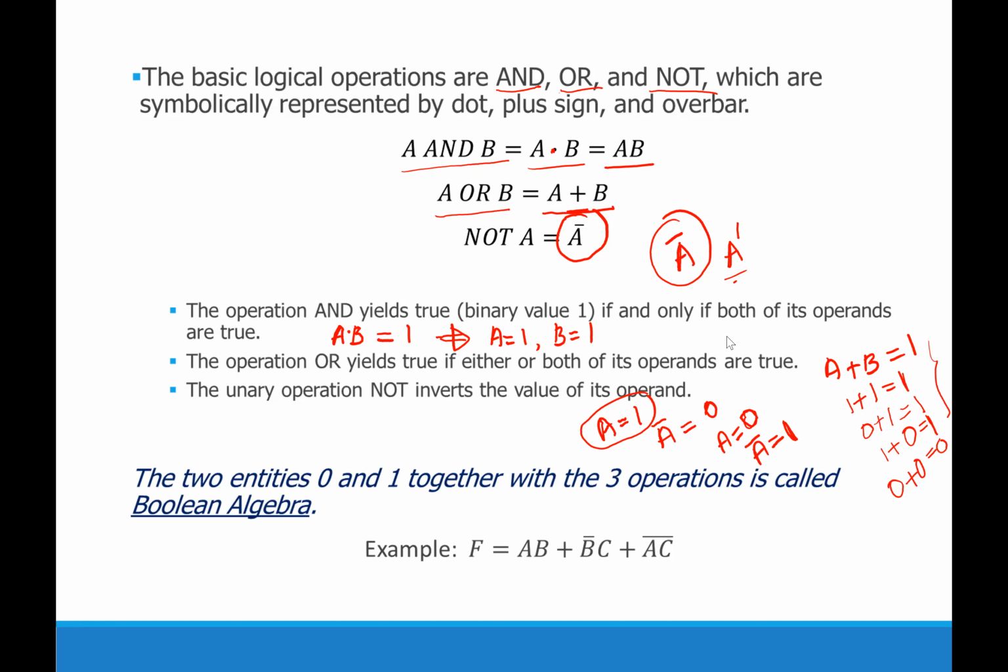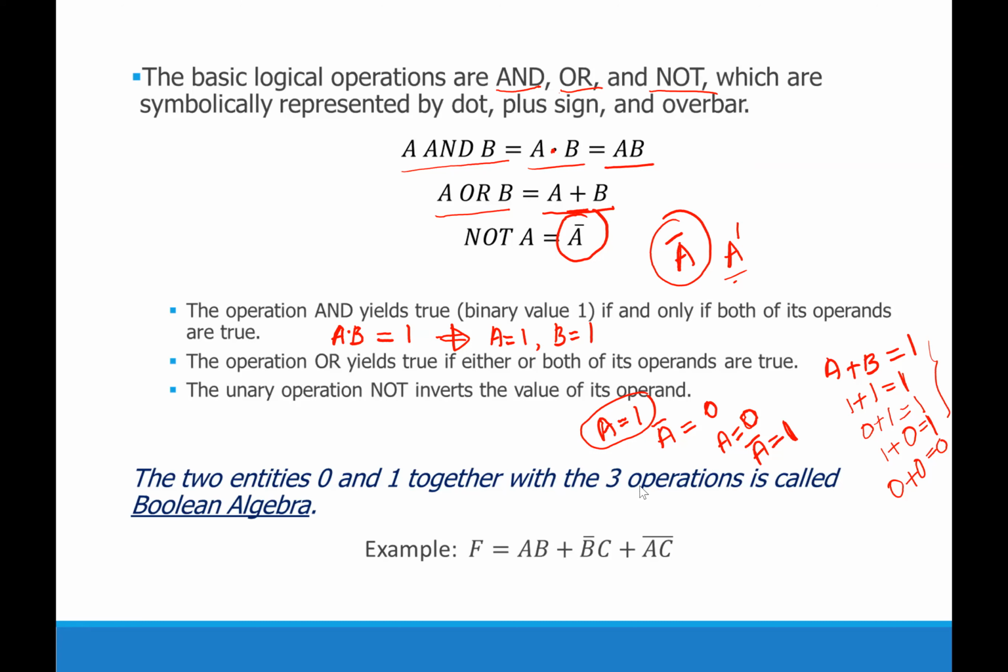So now here you can see if we combine these 3 operations and also these variables, which take only 2 values, 0 and 1, in that case here we have Boolean algebra, right?